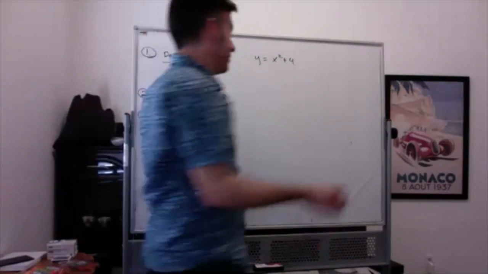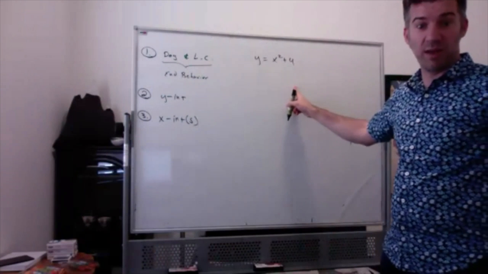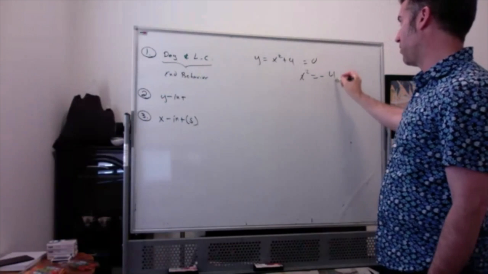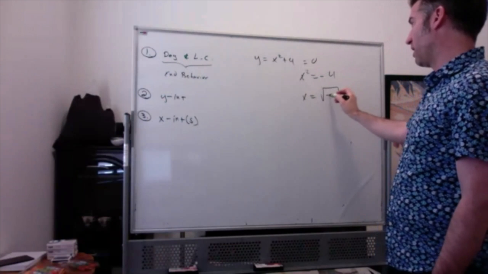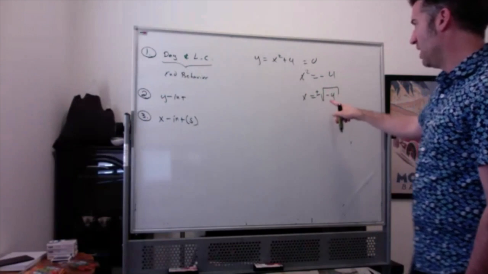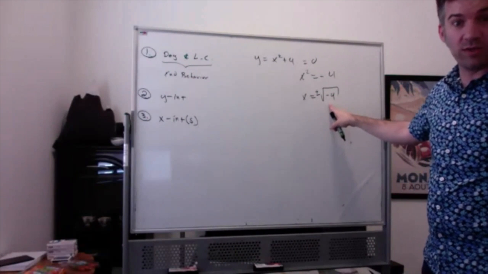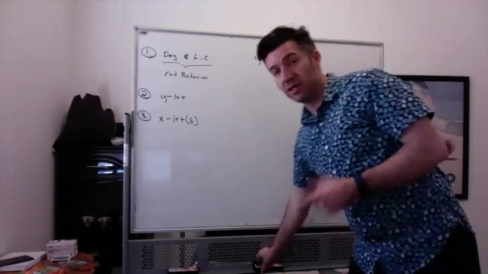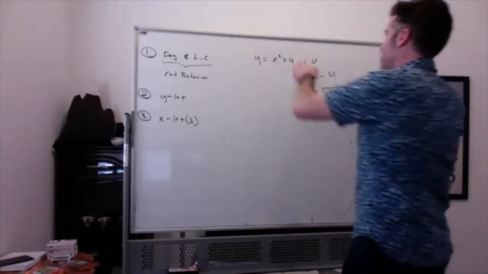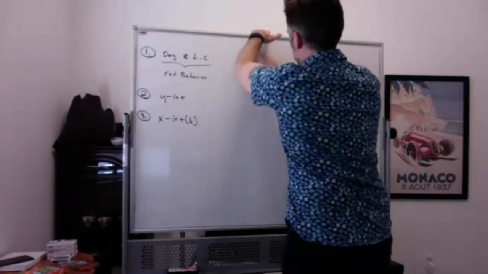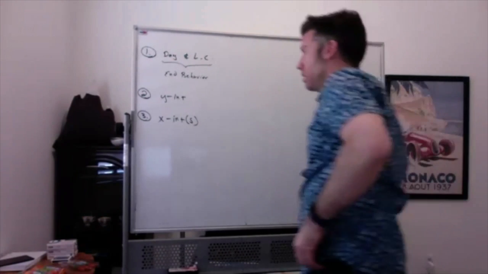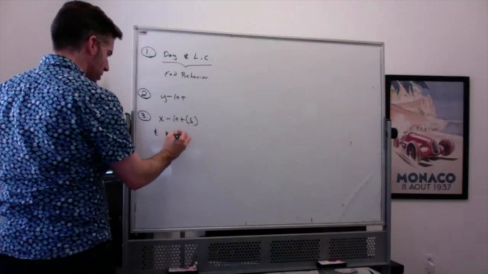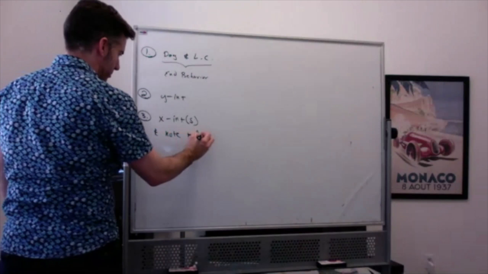If you set this equal to 0, x squared equals negative 4, x is plus or minus the square root of negative 4, but that is not a real number. It's 2i, which we don't graph. So this graph would have no x-intercepts, but most of the things we're going to encounter in this section will probably have x-intercepts. So we graph the x-intercepts and we note their multiplicities.